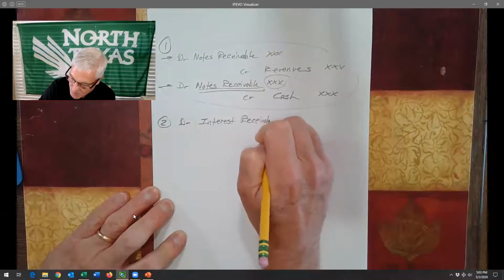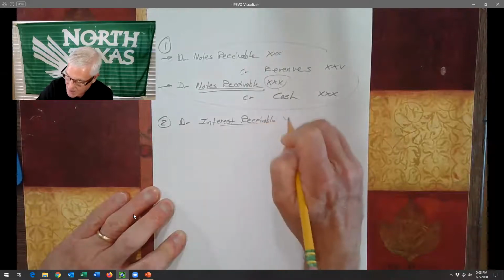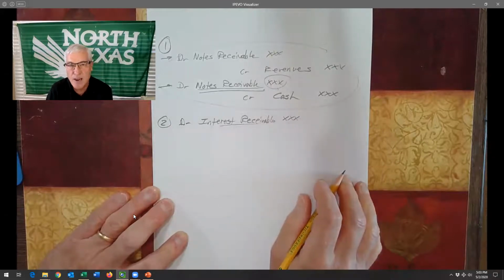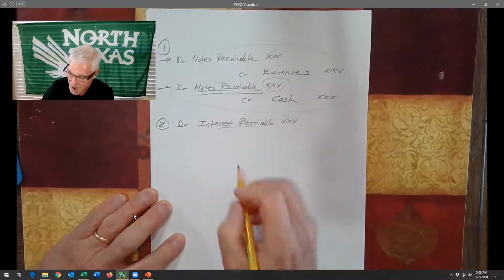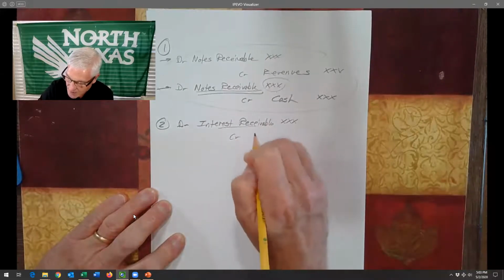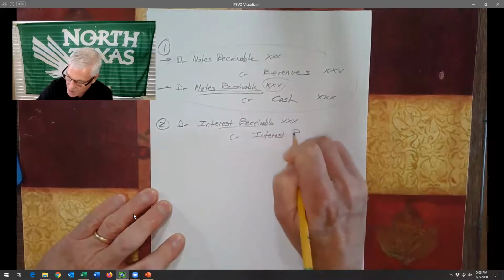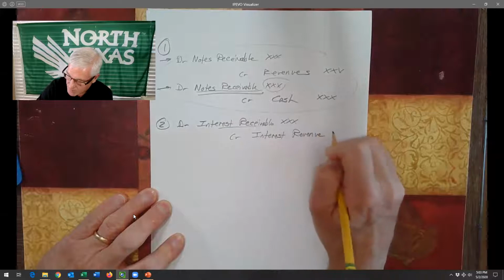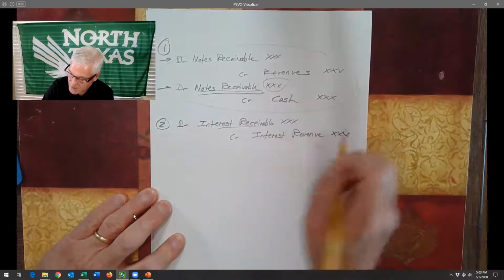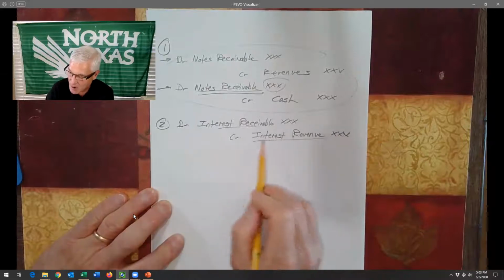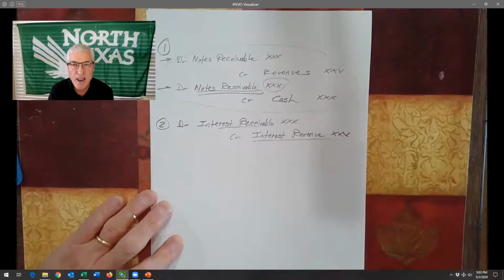When you see the word receivable, think asset, because even though they have not paid us interest yet, we have earned it over a period of time, and we're going to credit interest revenue. This is the biggest line item for revenue for banks. When they're loaning money, they're recording interest revenue every day a note or some investment is outstanding.